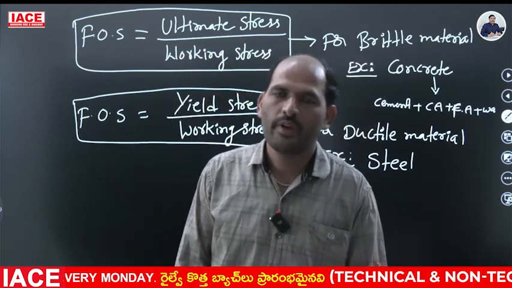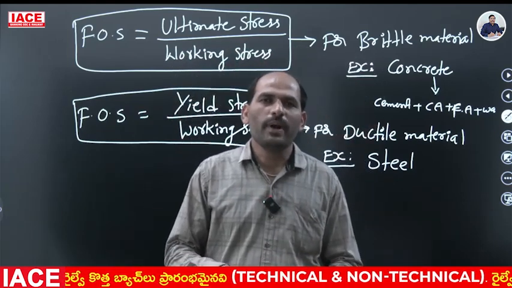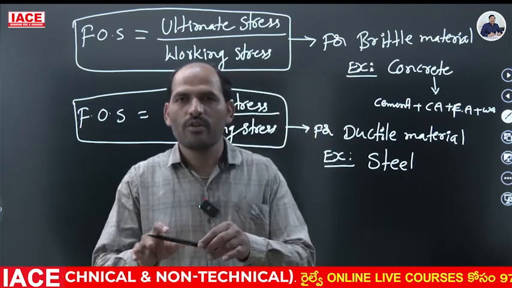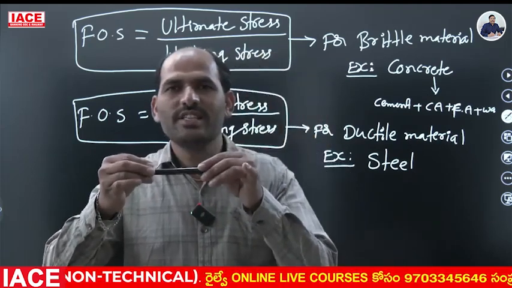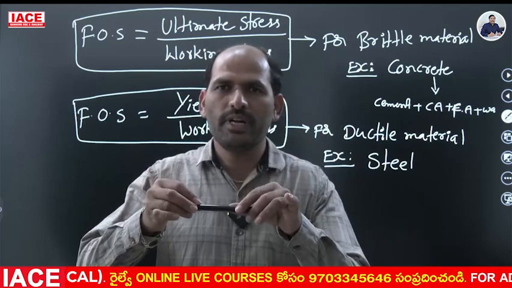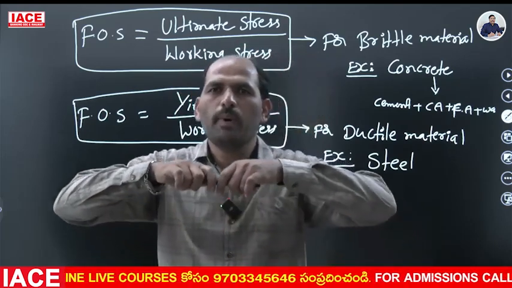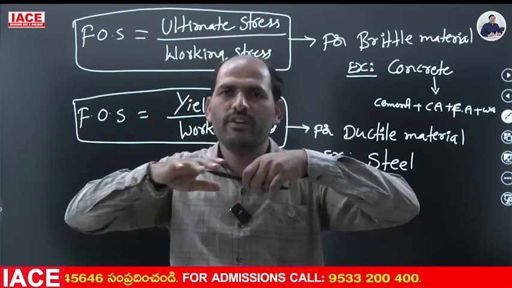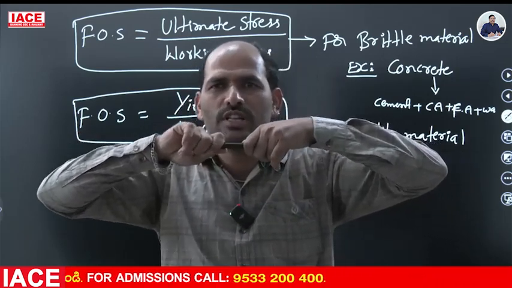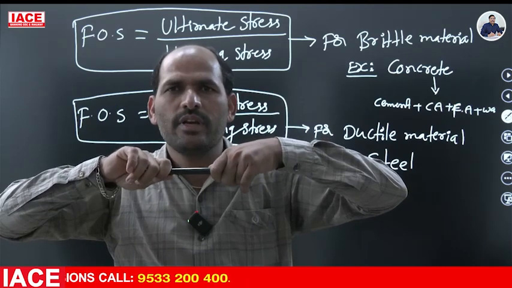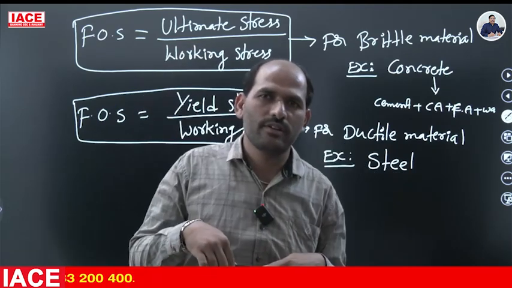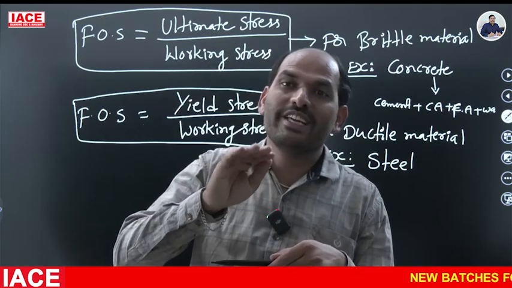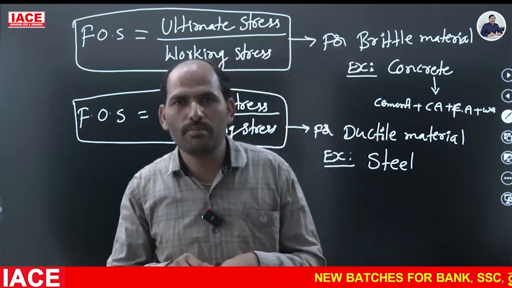That means if we apply the load, for example, this is the brittle material. When we apply the tension force on the brittle material, it simply fails. And when we apply the compression force, it resists some compression force.